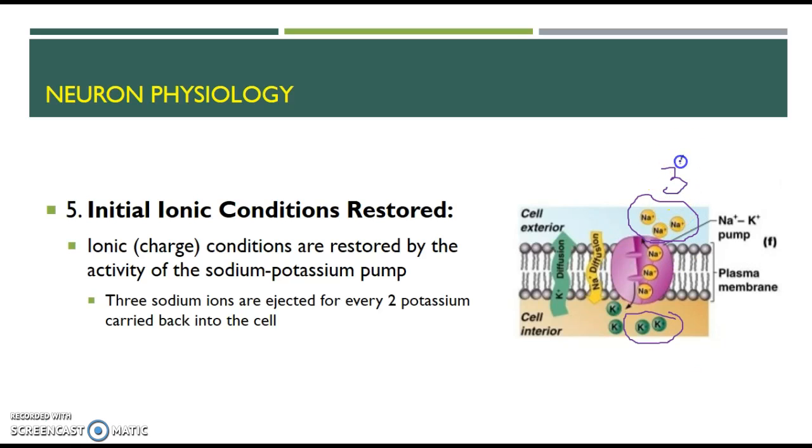You're losing 3 positives and gaining 2 positives. So overall, we have a loss of charge because 3 positives are leaving and only 2 are going in. So eventually, you're going to have a positive charge on the outside and a negative charge on the inside.